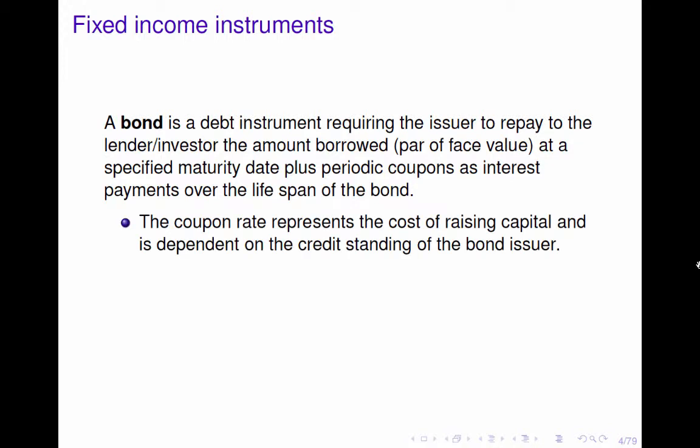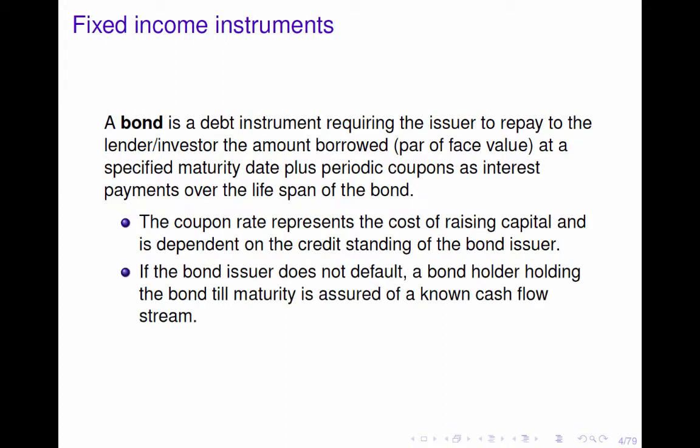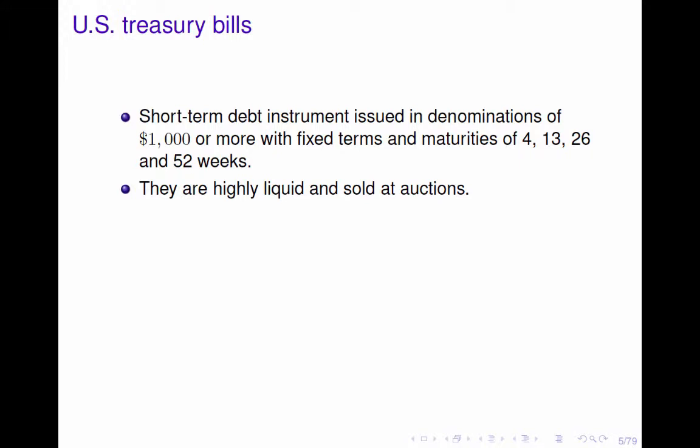The coupon rate represents the cost of raising capital and is dependent on the credit standing of the bond issuer. If the bond issuer does not default, a bondholder holding the bond till maturity is assured of a known cash flow stream.